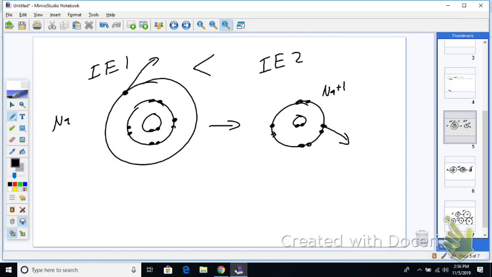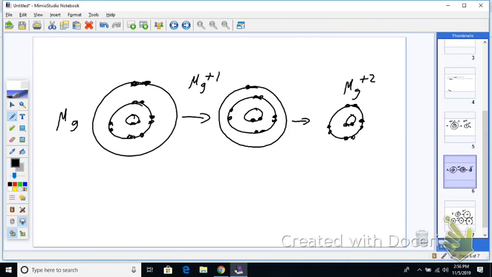Okay? Now, the last thing I'll talk to you about is this one, because this would be a good example. So, to take out one of these electrons, this would be IE1, and this would be IE2, and this is IE3.